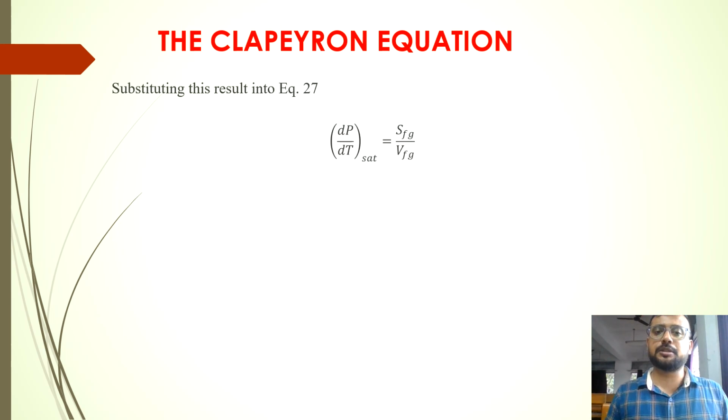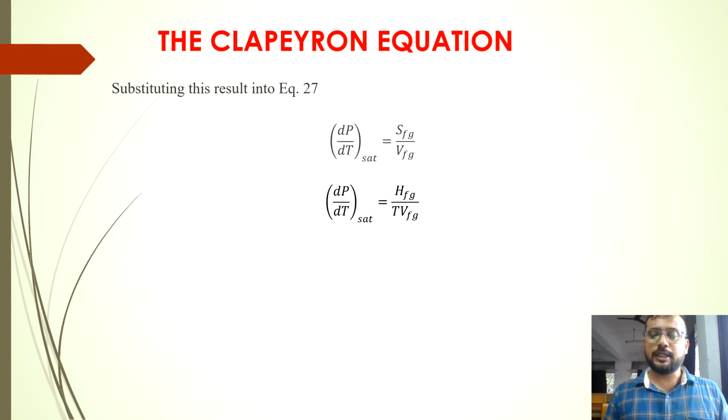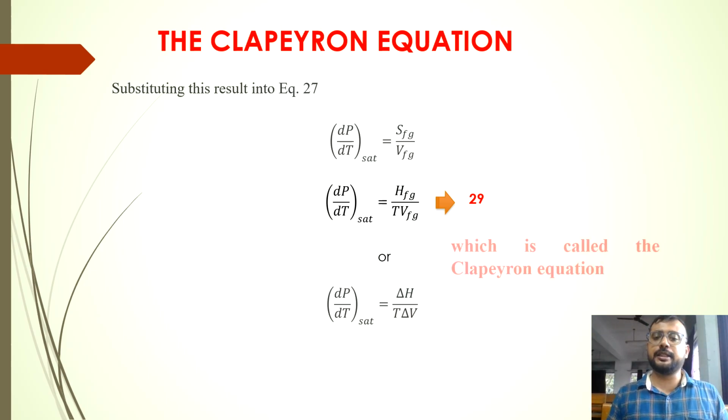Substituting this result in equation 27, (dP/dT) saturated equals Sfg by Vfg, so (dP/dT) saturated equals Hfg by T Vfg, equation number 29, or (dP/dT) saturated equals ΔH by TΔV, which is called the Clapeyron equation. Thank you.